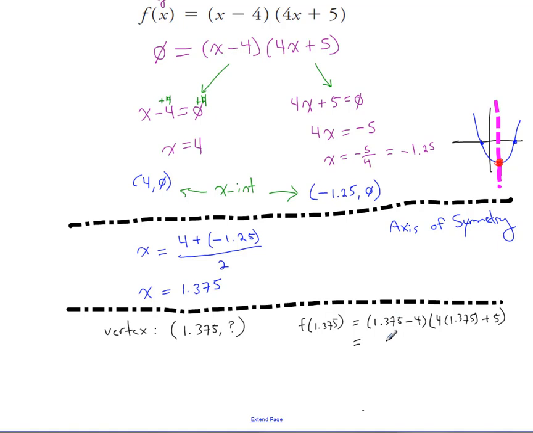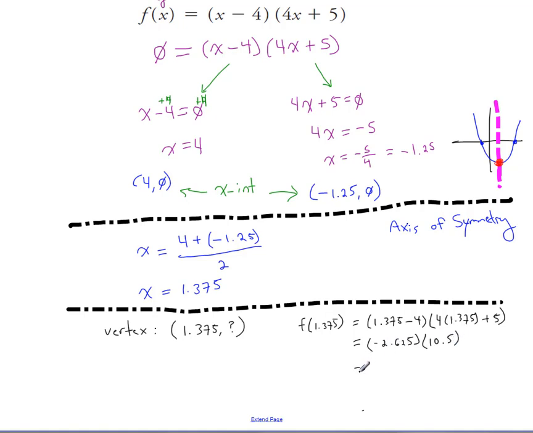Okay, so 1.375 minus 4 looks like I'm going to end up with negative 2.625. And 4 times 1.375 plus 5 looks like I'm going to end up with 10.5.